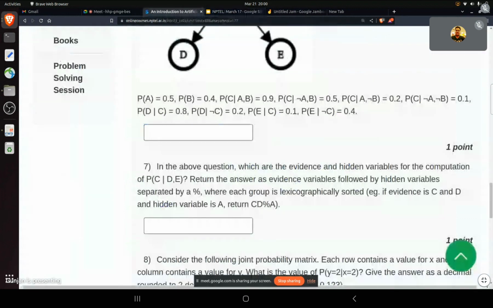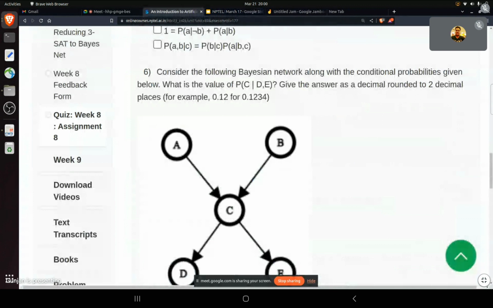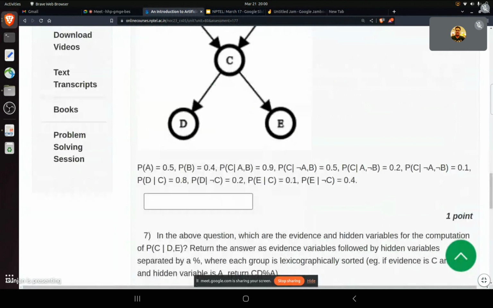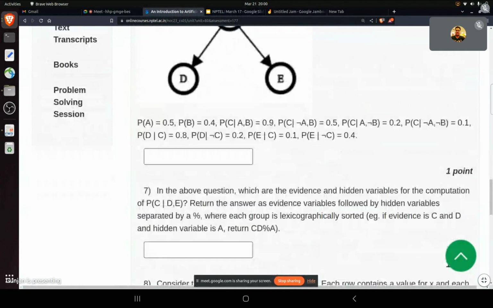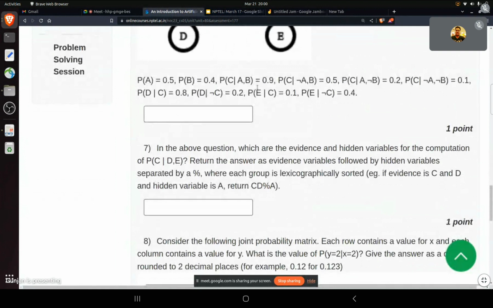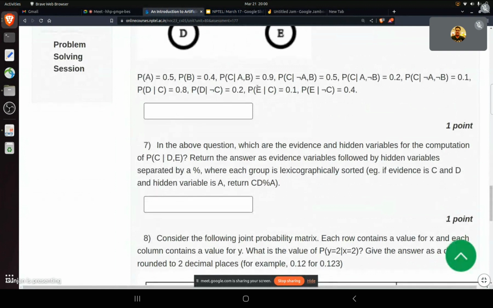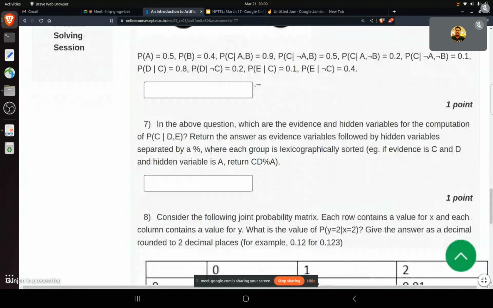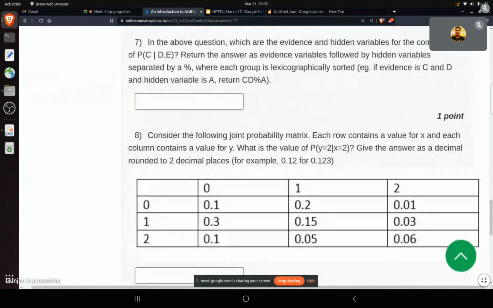So here, for example, the evidence variables are D and E because they are known to you, given D and E. I hope I am not revealing any answers by any chance. Just now we did an exercise for the temperature gauge variables.